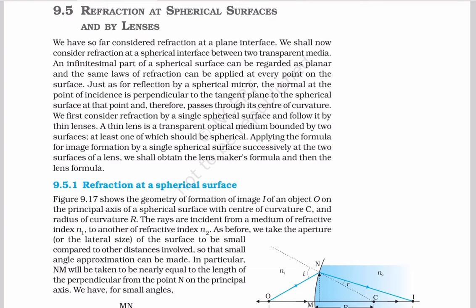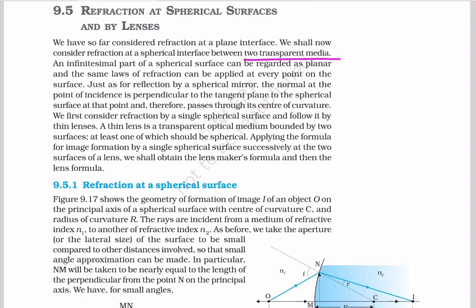So students, we have learnt so far refraction at a plane interface, and we have discussed the different properties of light during refraction, and also learnt about total internal reflection and its applications in daily life. We shall now consider refraction at a spherical interface between two transparent media.